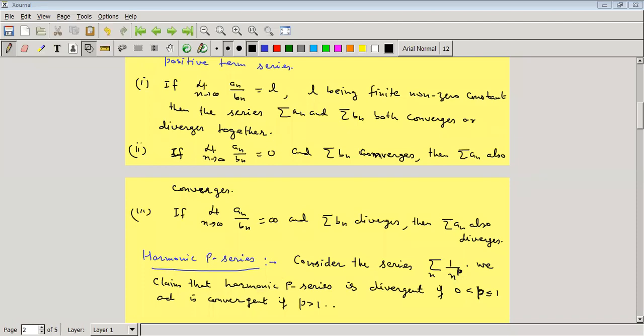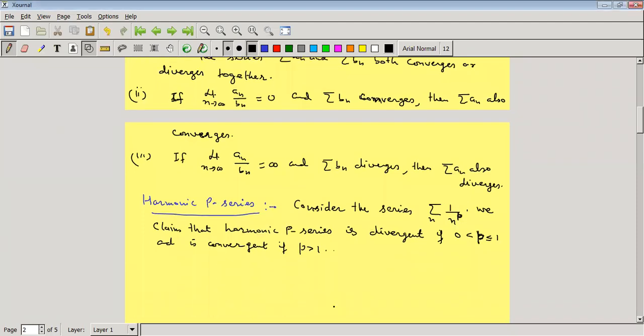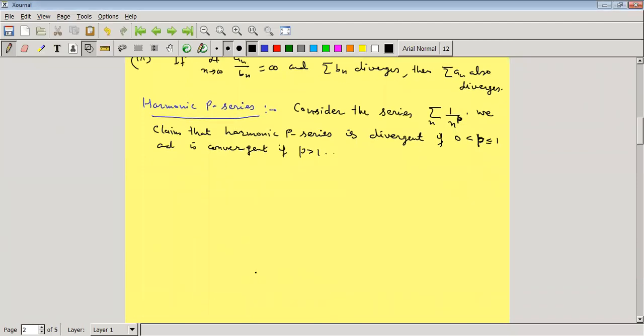So we can write this as the p-test. What is the p-test now?